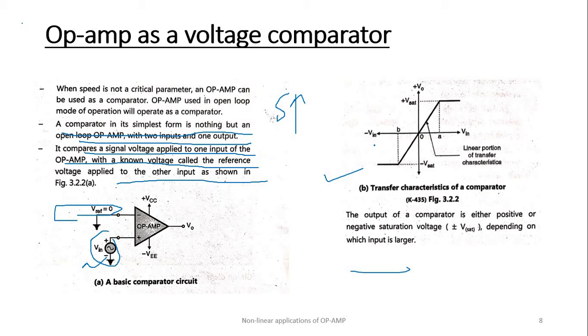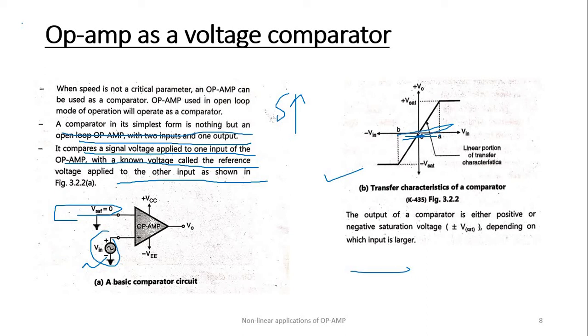When the input voltage is between the points A and B, the relation between the input and output voltage is linear. Hence this region is called the linear region.